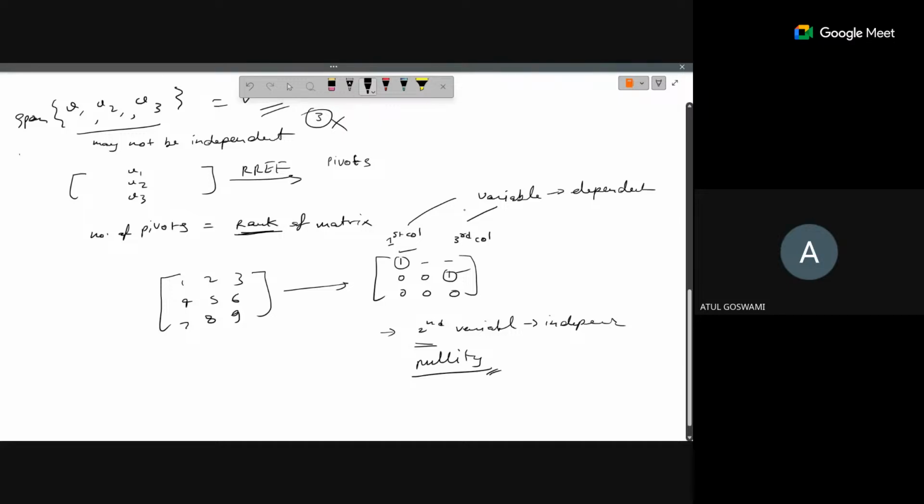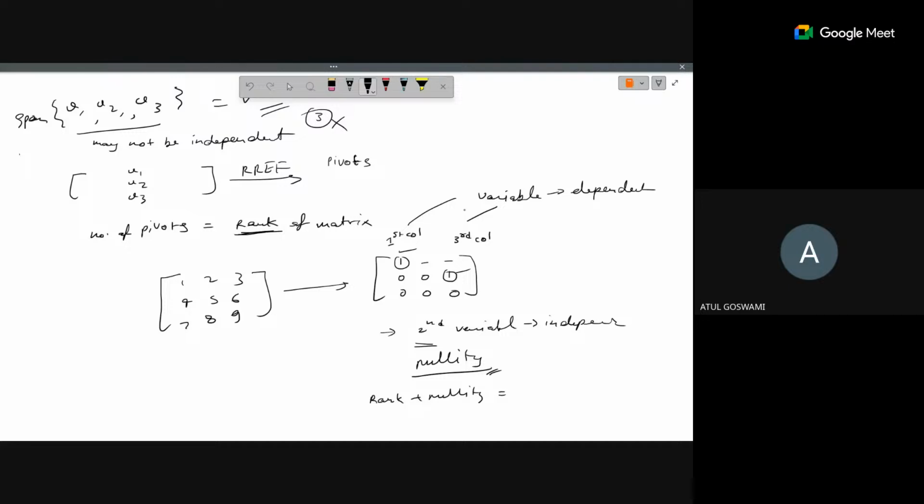Rank is pivots, right? And what is remaining is nullity. So the rank of the example I have shown is two. One said it must be 1. If it is not 1, then we can divide the row by that number and make it 1.